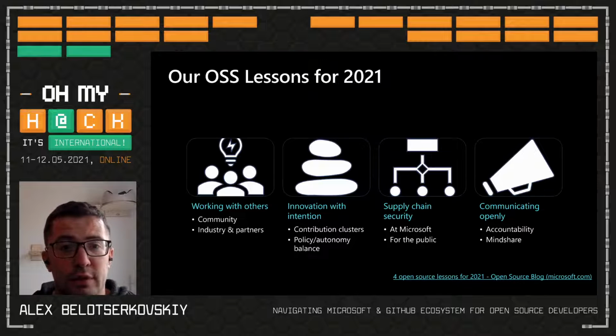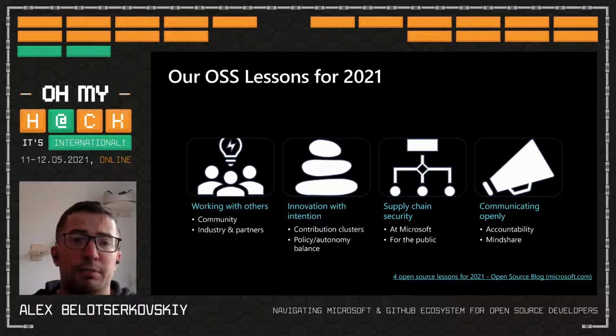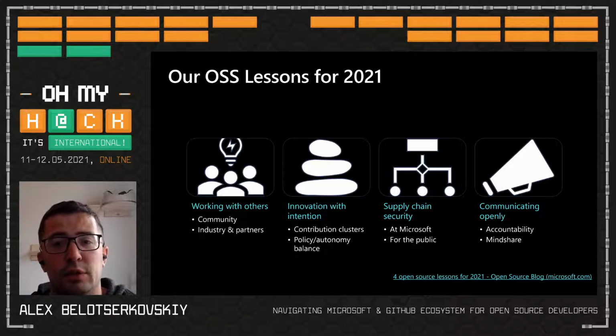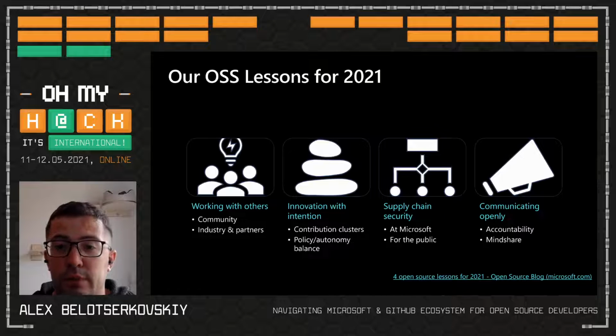First is working with others, of course, community and industry partners. We cannot do everything by ourselves, so we are heavily investing into working with others. Innovation with intention. It means that we are not doing something just because we want to do something. We are always trying to align what we're doing with the community. Supply chain security and open communication, which includes accountability, mindshare sharing, and all of these things.